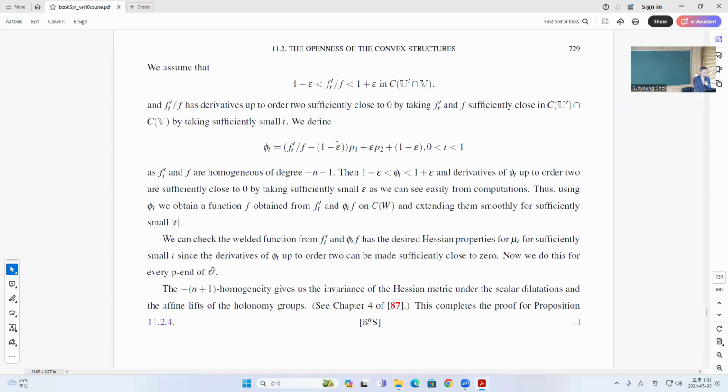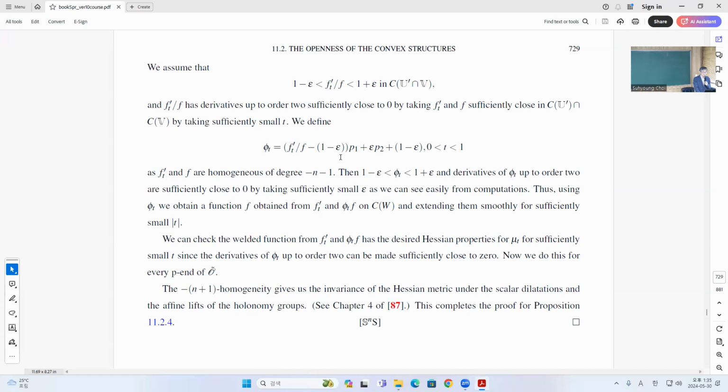So you remove these, and then you add this back again, but now after removing this, you do the partition of unity argument to get these two functions. Then Vt is between these two numbers, and the derivatives of order 2 are sufficiently close to 0 as small as epsilon, because we can make this epsilon very small again.